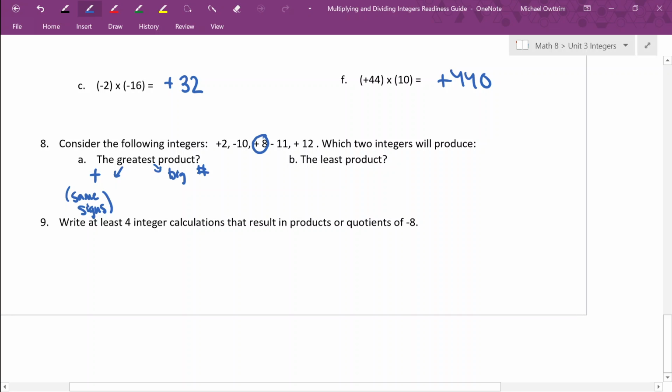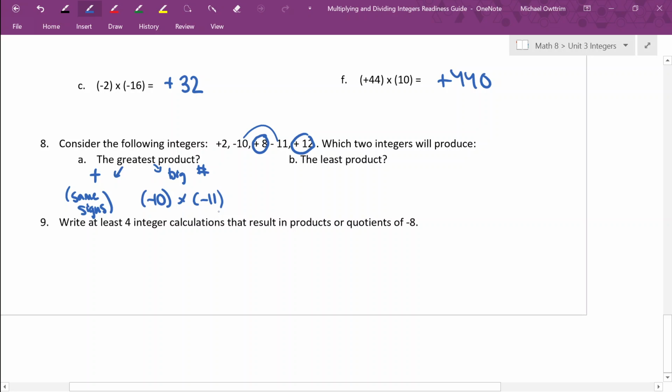So I could either use positive 8 and positive 12, or I could use negative 10 and negative 11 for my biggest product. So if I'm not sure, 10 times 11 is 110. 8 times 12 is 96. So obviously the bigger one of those is 110. So we'll say negative 10 times negative 11 will give us the biggest product.